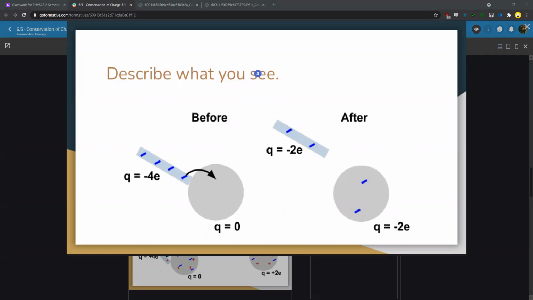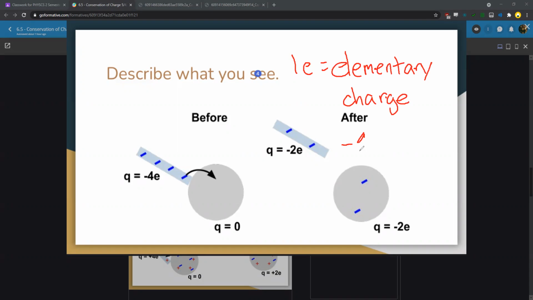No, it doesn't mean electron. It means elementary charge.